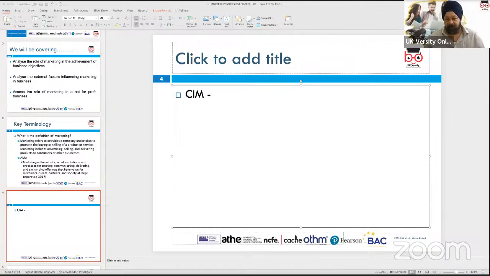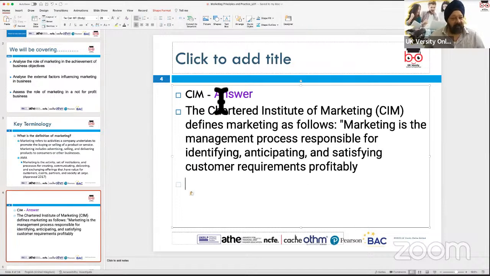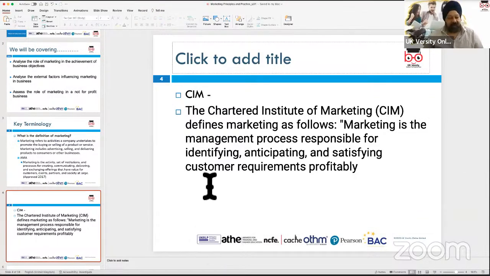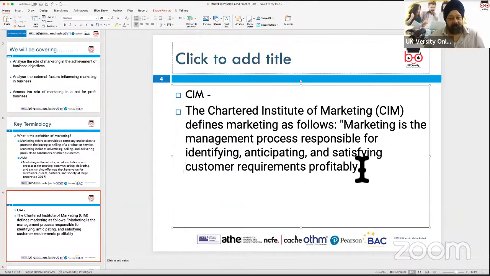They've been going for about 110, 111 years, and their definition of marketing is generally accepted. As per them, marketing is a management process responsible for identifying, anticipating, and satisfying customer requirements profitably.